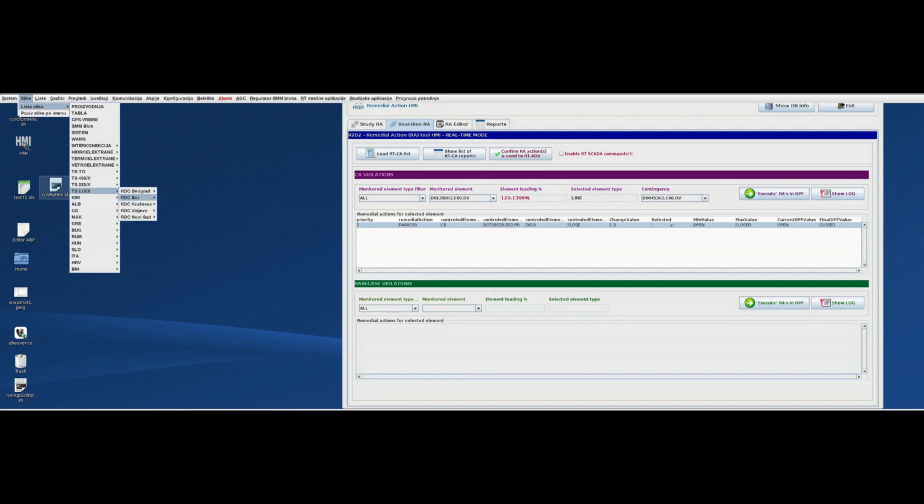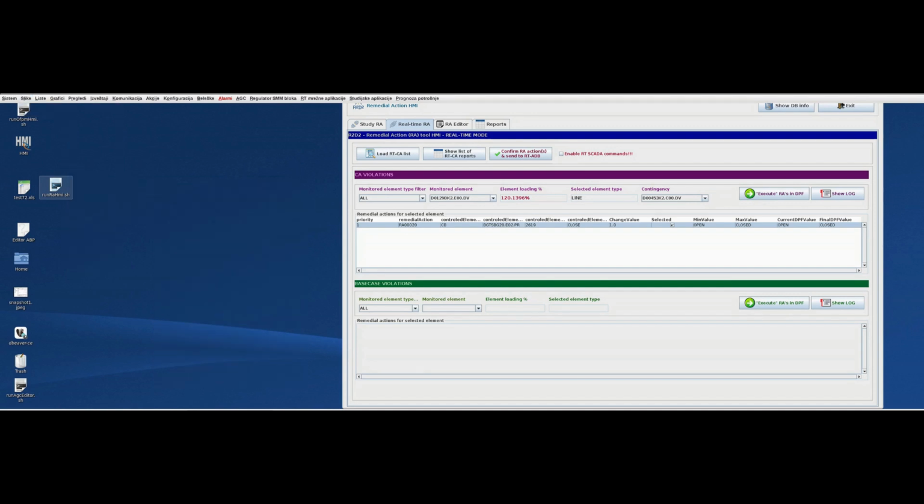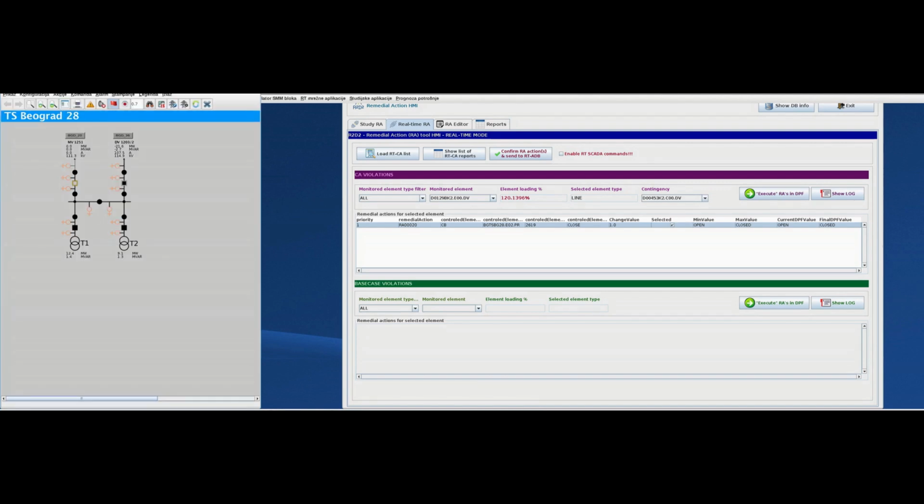So the dispatchers are now finding the Belgrade 28 SCADA image. And after that, they are going to enable real-time SCADA commands. This is necessary to stop some mistake with sending unwanted signals.